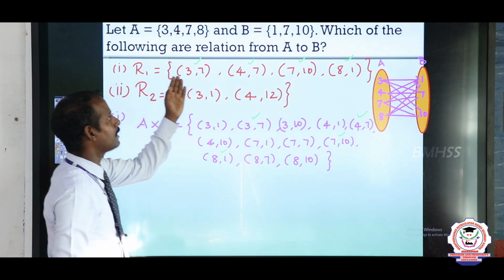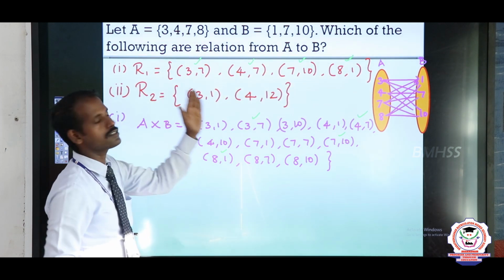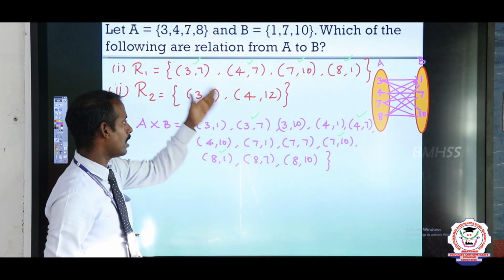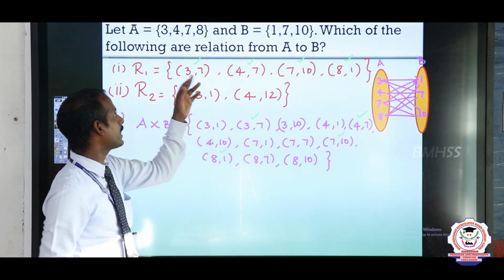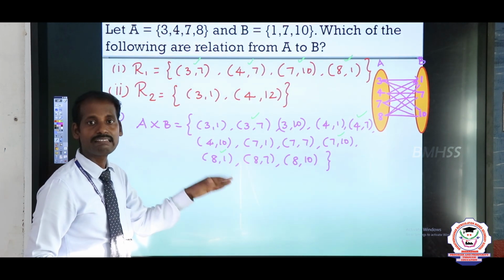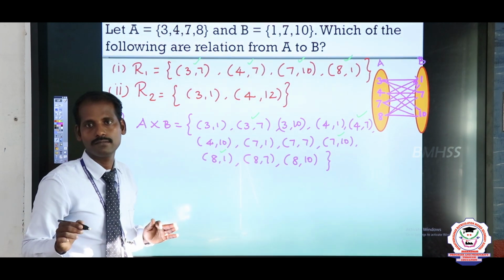In case the elements are not in A Cartesian product B, then R1 is not a relation. If R1's elements belong to A Cartesian B, therefore R1 is a relation. In case R1's elements do not belong to A Cartesian B, therefore R1 is not a relation.